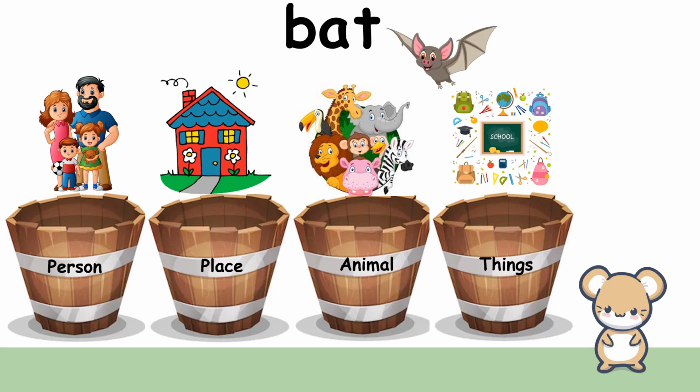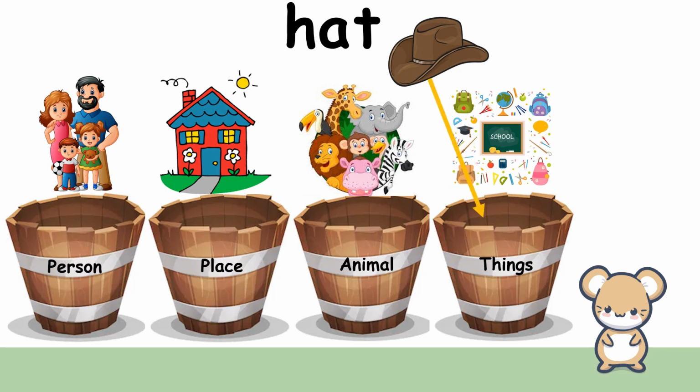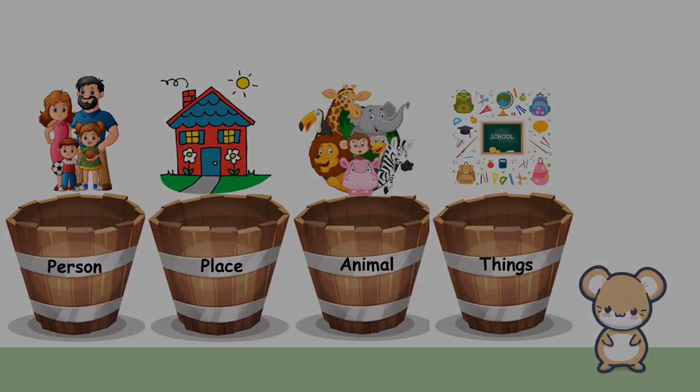Oh, this should be an animal. The next one is hat. I think hat is something that you wear on your head. And this is a thing. Lovely. Very good. Let's move on to the next word.